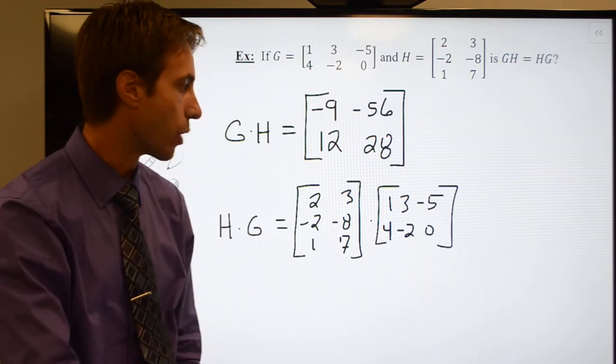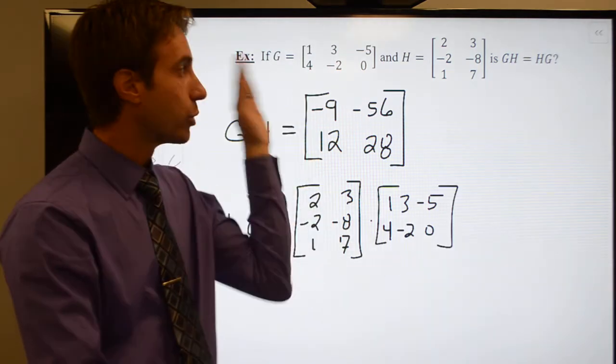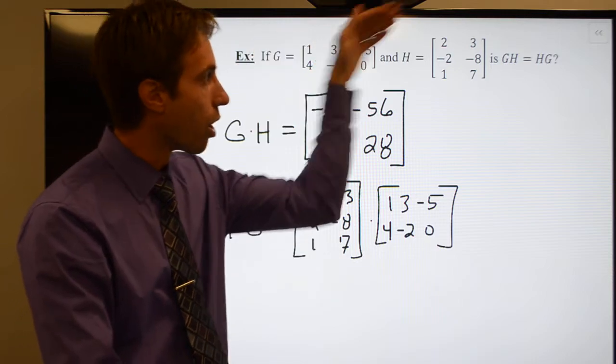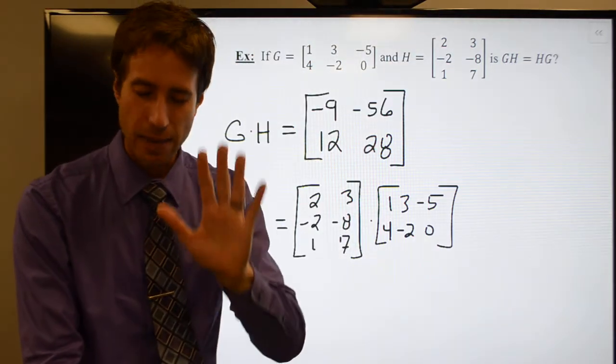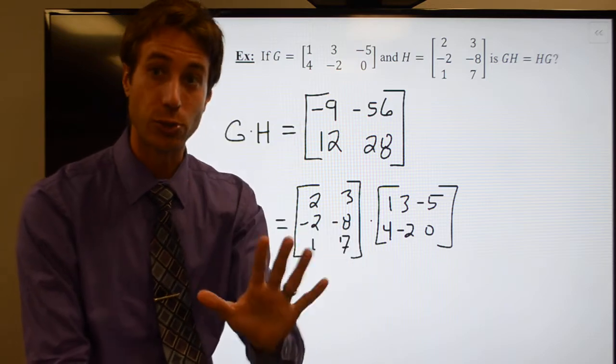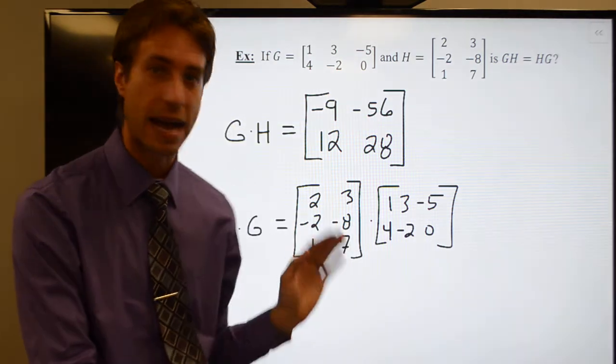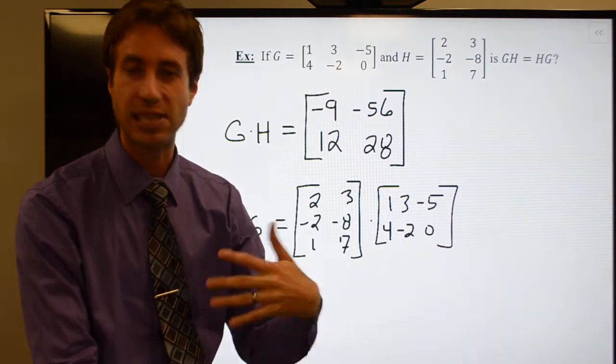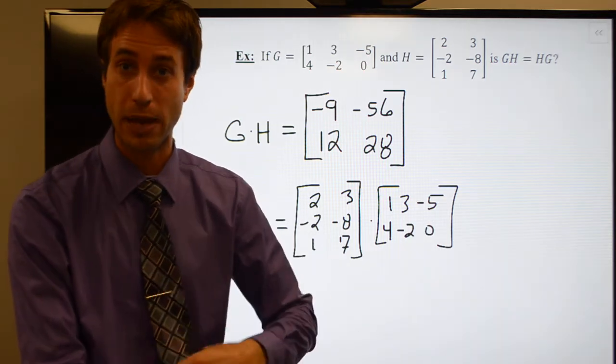All right, here's why I rewrote it. Because when I was doing G times H, they were already in the right order, row, column. Now that I'm switching them, I don't want it to be overcomplicated, because it's complicated enough that we're trying to do these in our head, which is fantastic mental math, but we certainly want to take every step we can to make sure that we're able to do that math correctly.